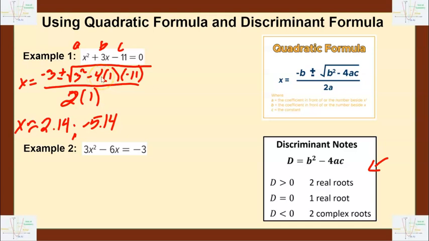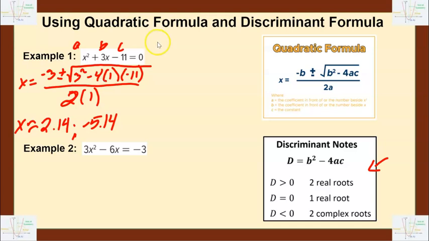If the discriminant is equal to 0, that means you're going to have 1 real root. And the reason why you're going to have 1 real root is because the vertex is the x-intercept. And if the discriminant is negative, you're going to have 2 complex roots, which means there's going to be no real solution because you're going to have an imaginary number involved.